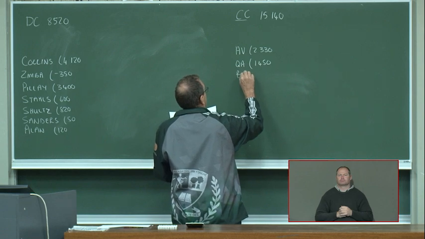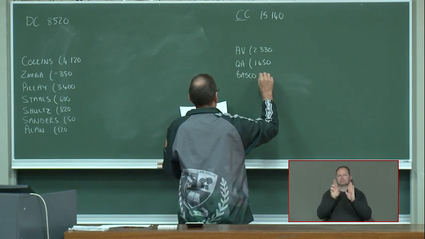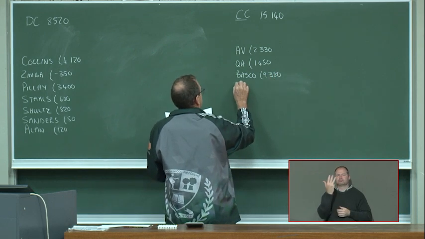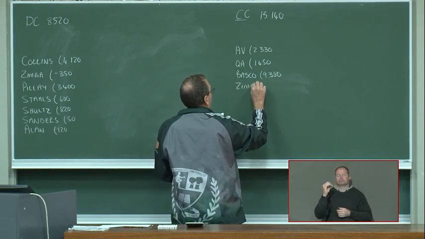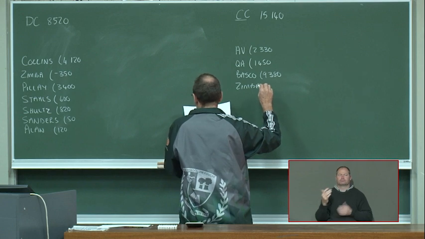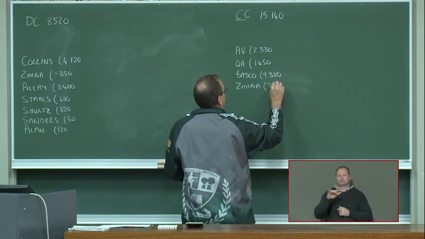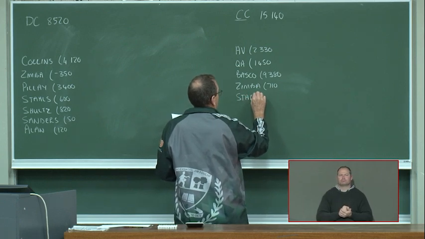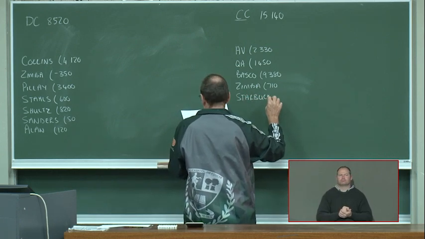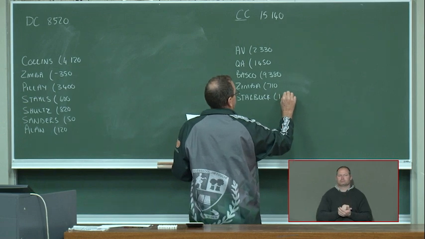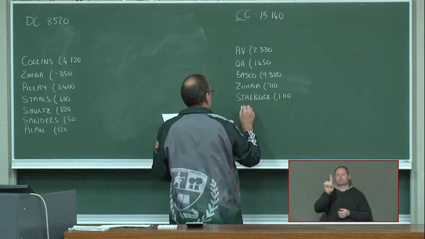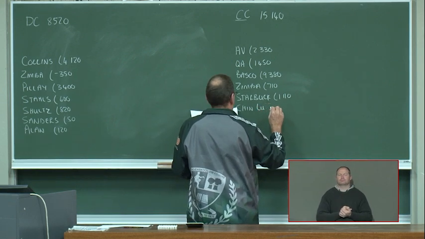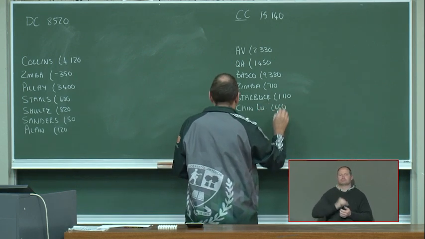Basco, 9380. Zimba, 710. Starbuck, 1,110, and Chinlu, 660.